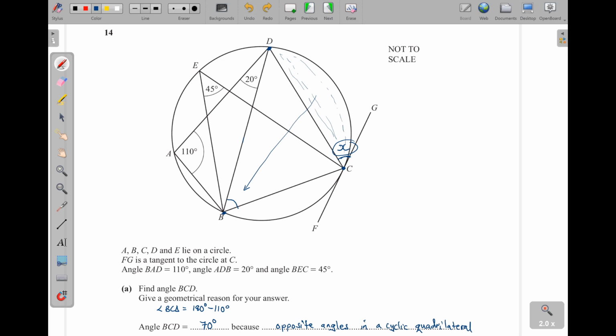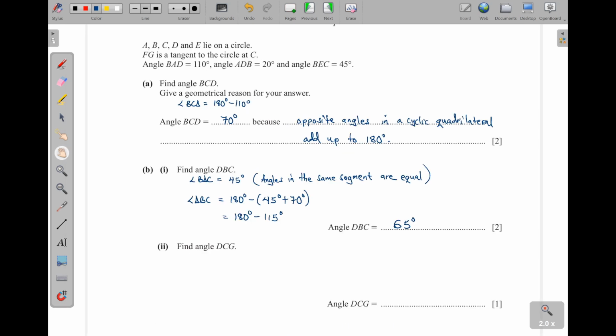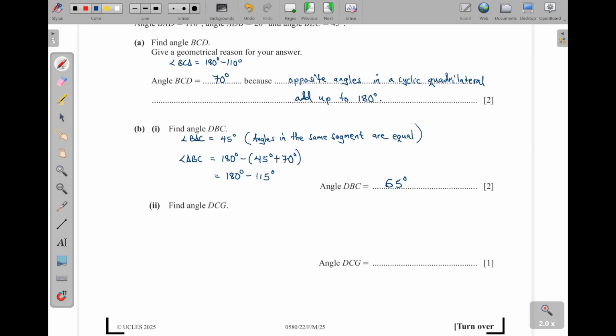So this simply implies, remember we have gotten this angle here as 65. That means even this one is going to be 65 degrees. My answer here is going to be 65 degrees. Angle DCG is equal to 65 degrees. The reason is alternate segment theorem.